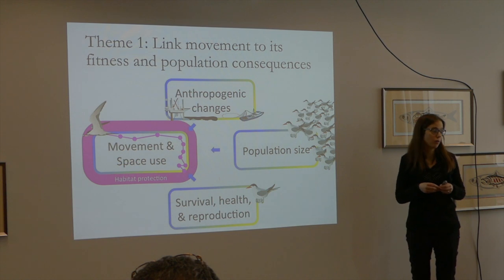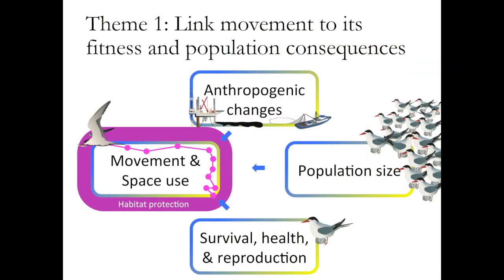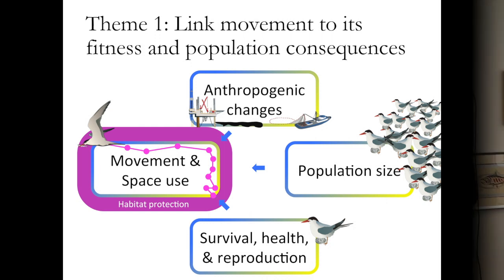A lot of the work that's done in movement ecology now is really just focused on describing the pattern of space use. By linking that movement to the effect that it has on the animal, the population size or individual size, we can really understand the consequences of movement on the animal's survival and reproduction.